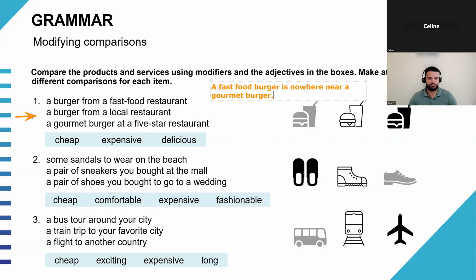Can you think of an example? Maybe fast food, local restaurant, and a gourmet burger using cheap, expensive, or delicious.